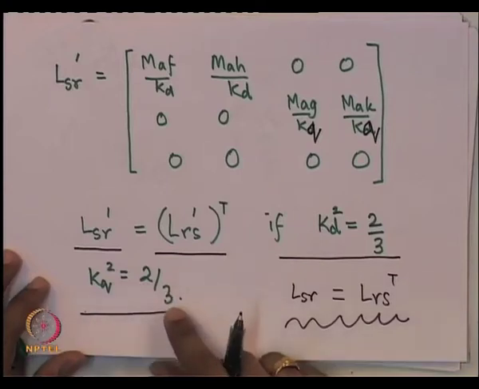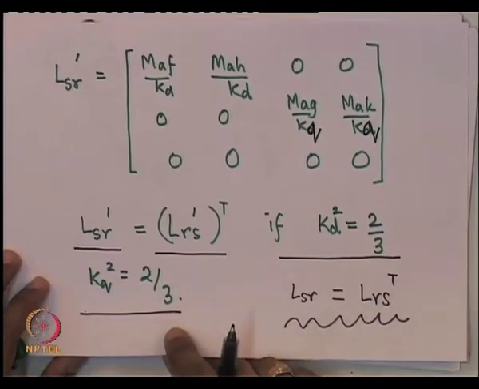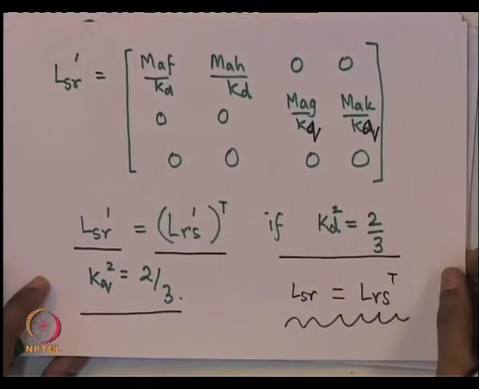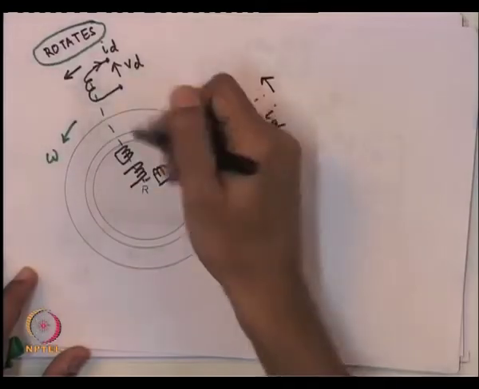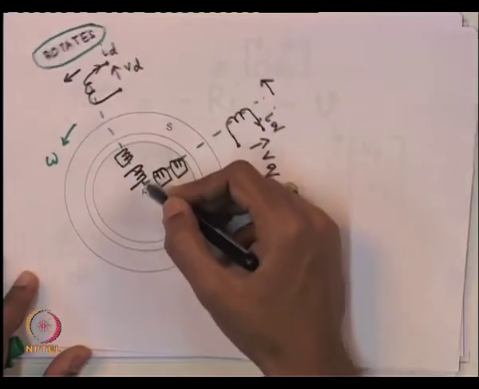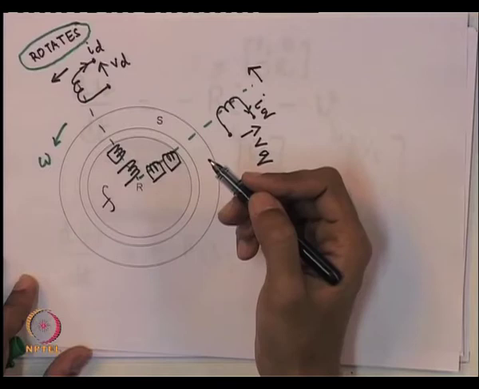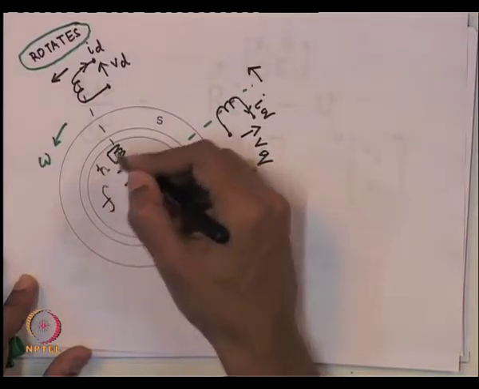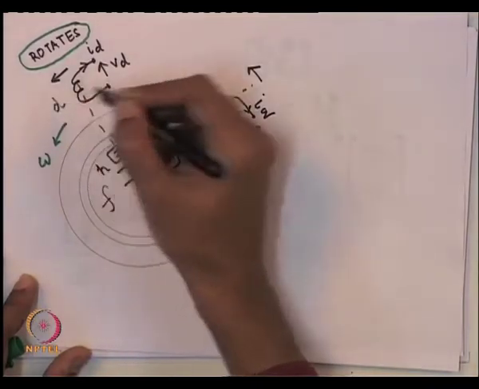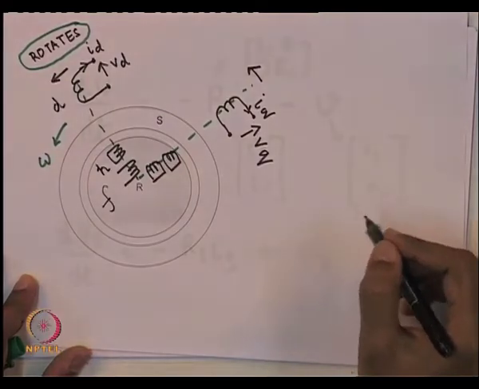Now, what you see here is a complete decoupling between what are known as the d axis coils. What are the d axis coils? F, H and the stator coil which is transformed into the dq frame.